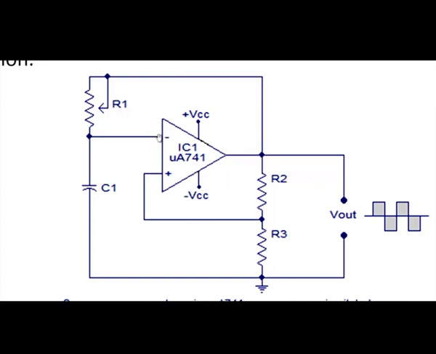Whenever the voltage at the negative terminal crosses the voltage at the positive terminal, the output changes from one state to the other. So the two states of the output waveform are not stable, because it keeps transitioning due to the capacitor charging and discharging. Both states are unstable in the case of an astable multivibrator.